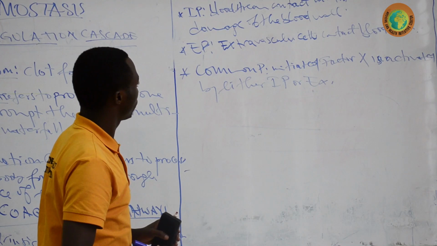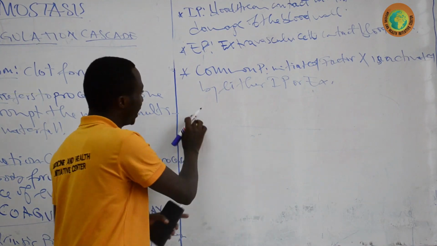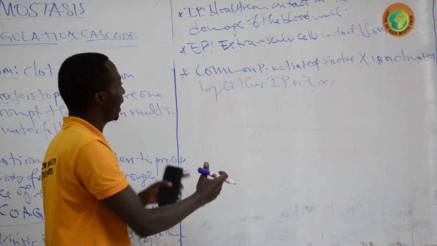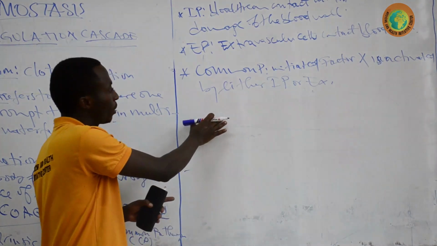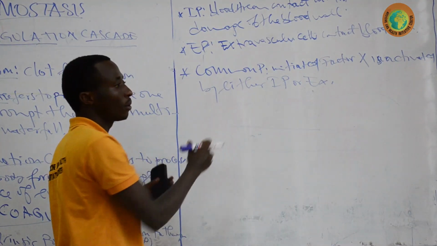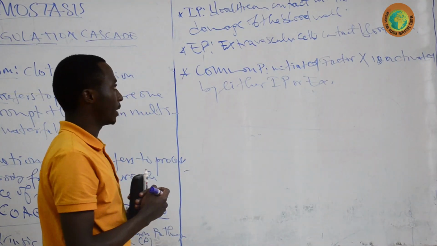Friends, we have seen that the key players in this game, the coagulation cascade, are collectively called clotting factors.